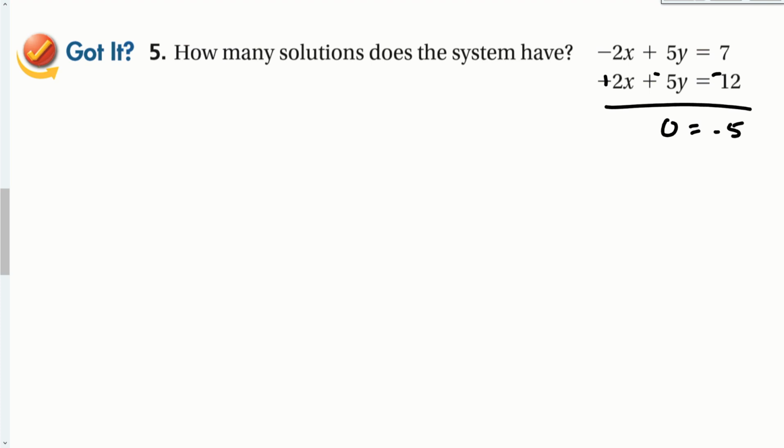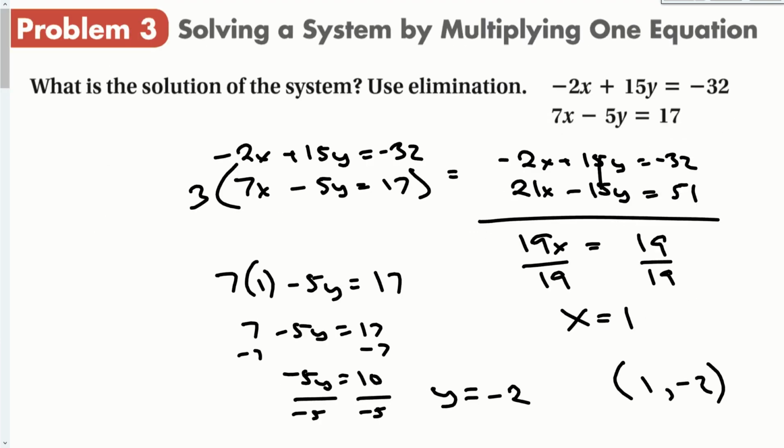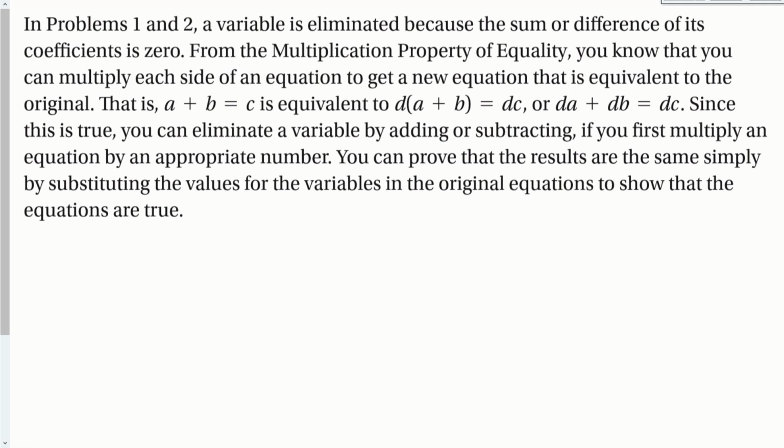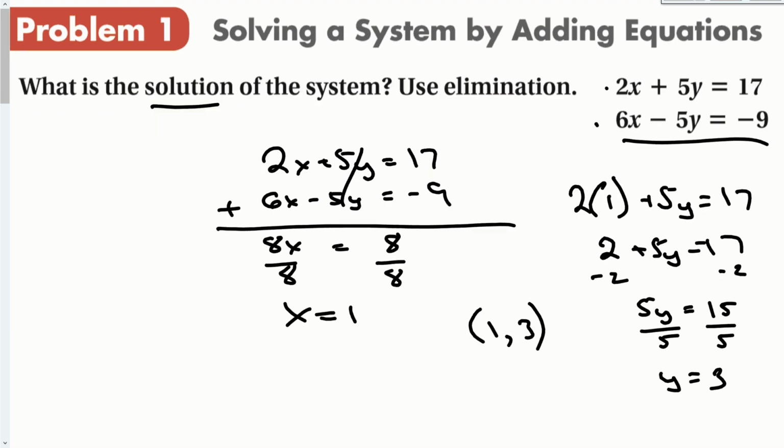So basically, what you should do when you are thinking about which way to solve a system, think about, can you eliminate a variable by adding or subtracting the given equations? That's usually easier. Okay, so if you have a situation that looks like the first one, usually the easiest thing to do is just to add these two equations together.